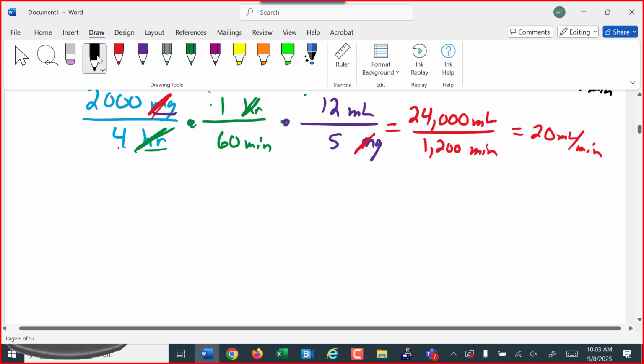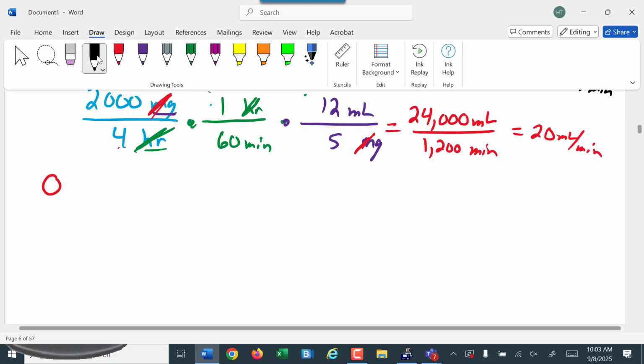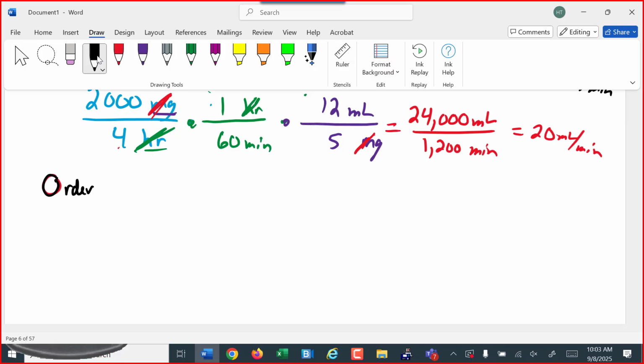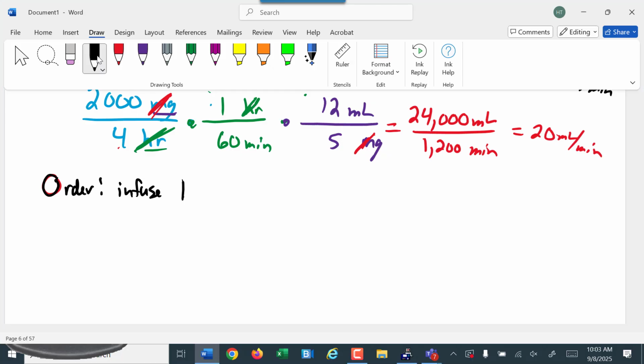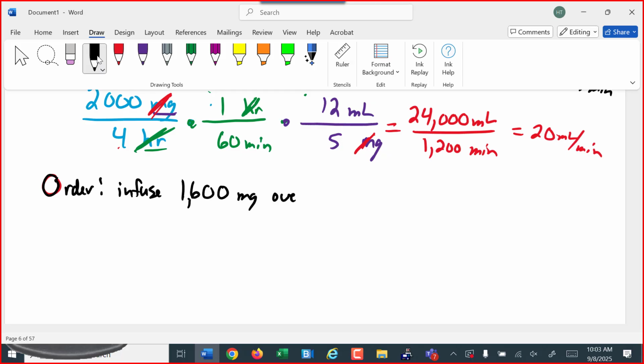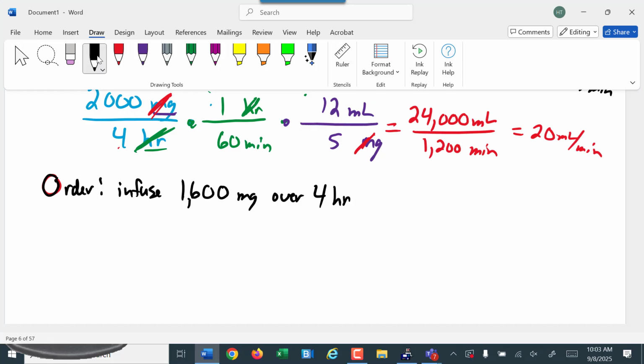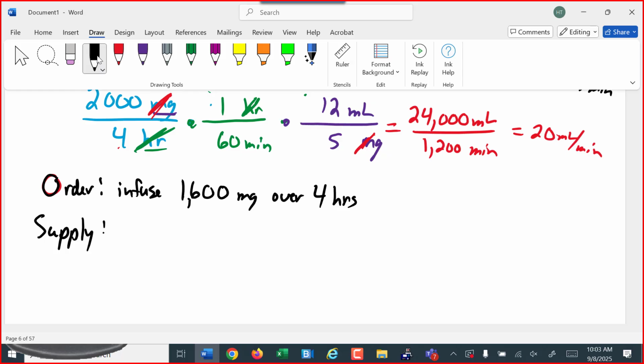Okay, so now I'm going to have you guys try one in your notes for me. The order is to infuse 1,600 milligrams over 4 hours, with a label on the supply reading that it is constituted as 8 milligrams in 5 milliliters of solution.